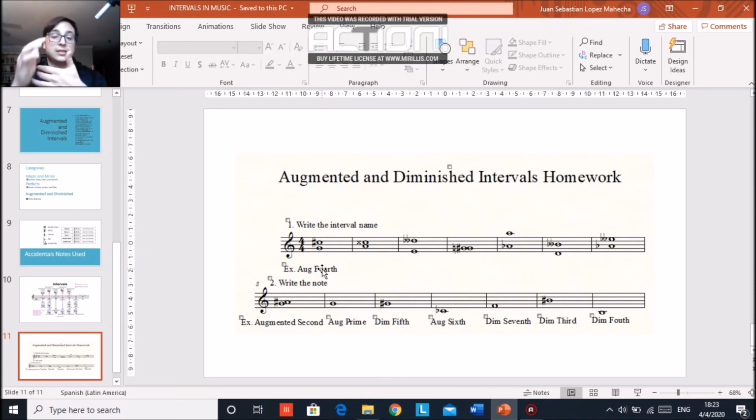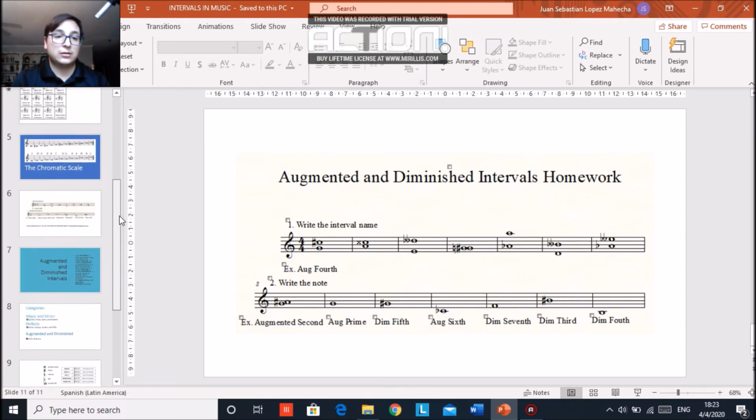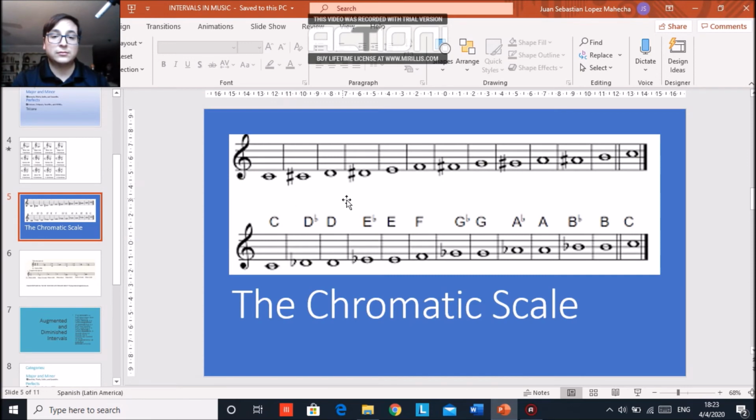So first, let's count: from G, A, B, C. We have 4 notes, right? But in this case, it's a C sharp. So if we go to the chromatic scale, we will get 1, 2, 3, 4, 5, 6 semitones.